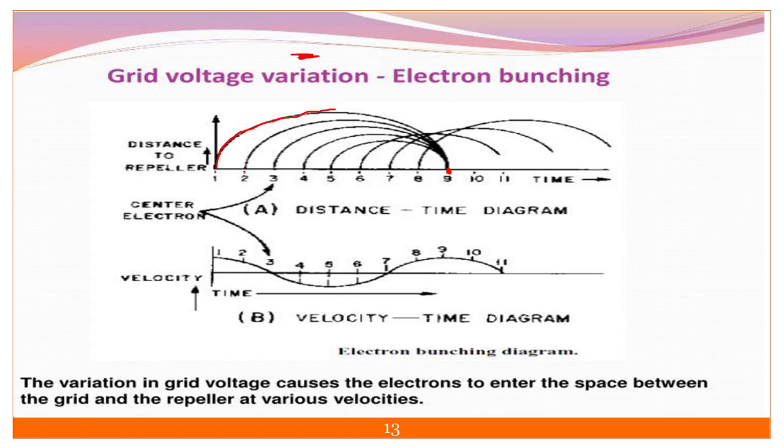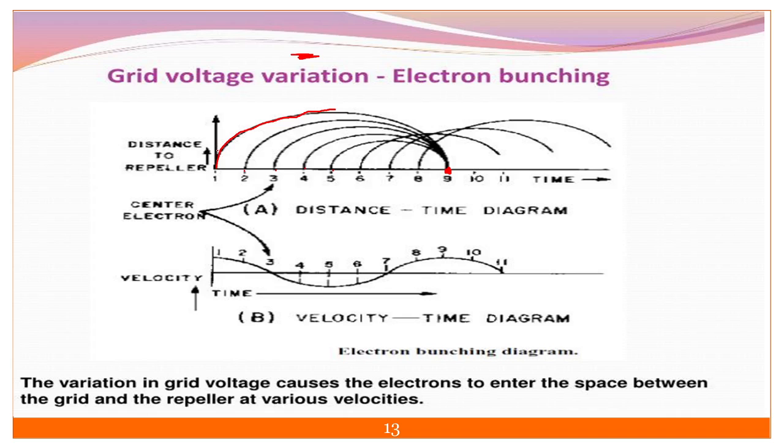Again the third electron, the fourth electron, and the fifth electron are bunching at this place, and due to that they are forming the bunches, and we are getting the oscillation at the resonant cavity. This is the simplest working of the reflex klystron.